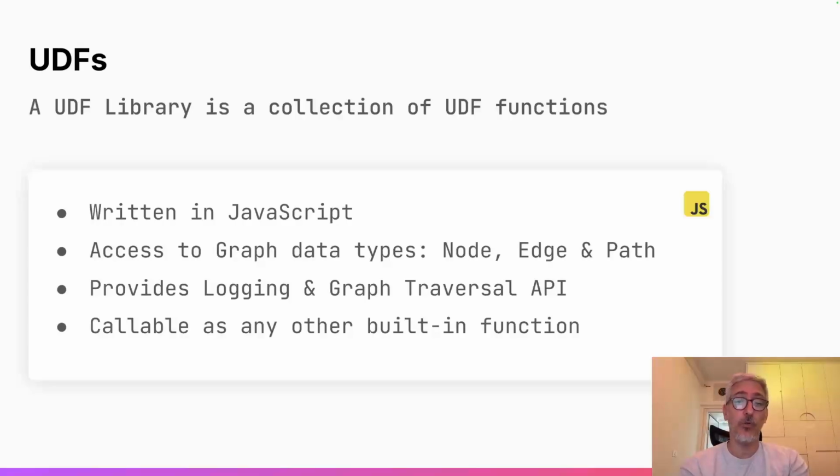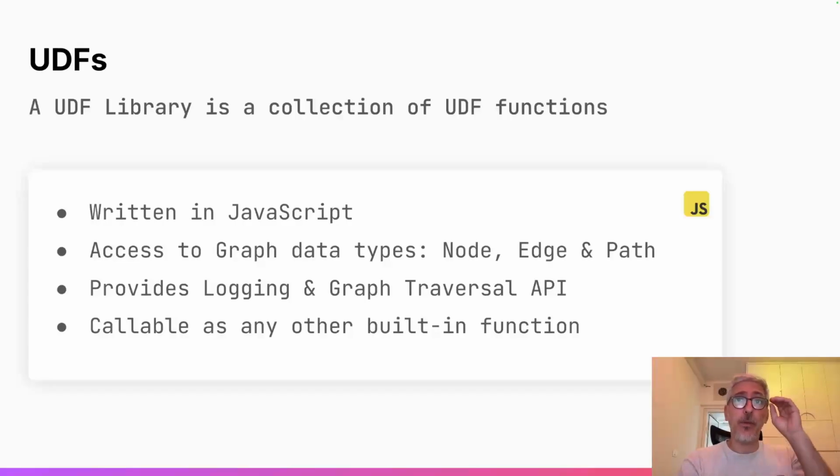This includes both the primitive types like strings and other scalars, in addition to arrays and dictionaries, but you also have access to graph primitives like node, edge, and the path object, and those specific objects have additional APIs that allow you to interact with them. This includes the graph traversal API that you can use within your user-defined function in order to traverse a graph.